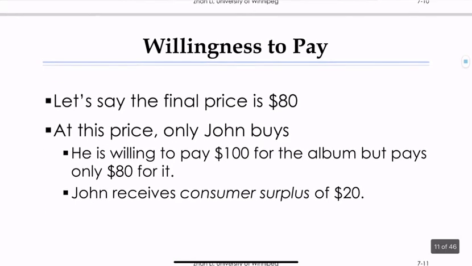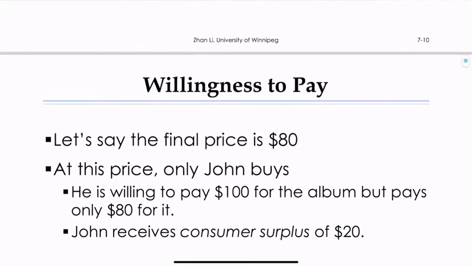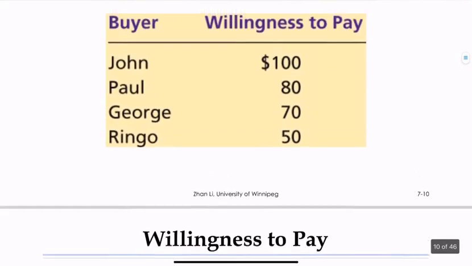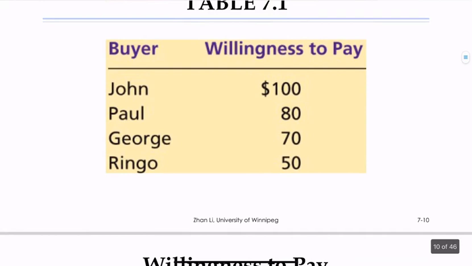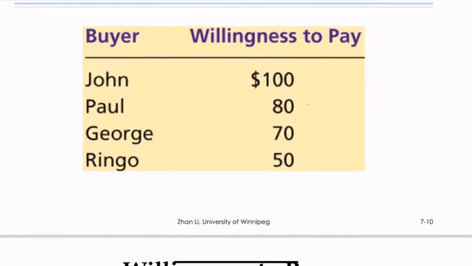Now let's say the price is actually $80. So if price is 80, and we have learned a buyer will only buy the item if his willingness to pay is larger than the price.